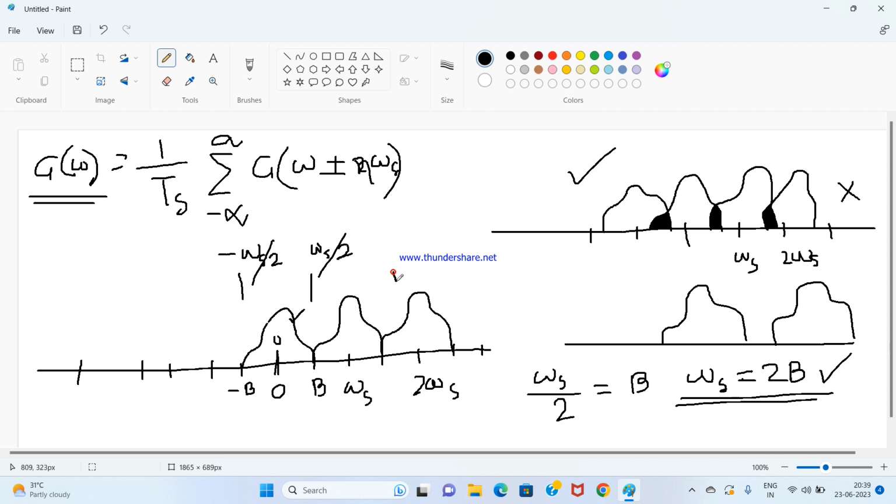If it is exactly 2B, it will be like this. If it is higher than 2B, it is like this. And if it is less than 2B, it is like this.